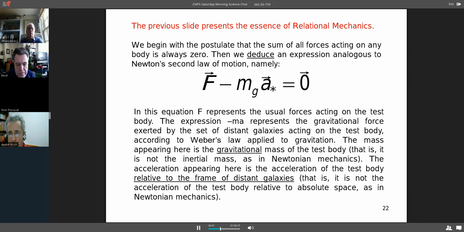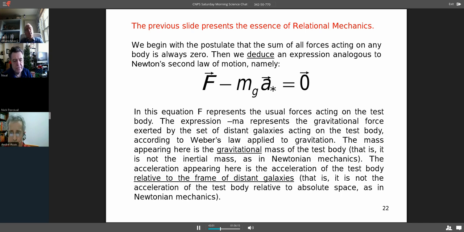We begin with the postulate that the sum of all forces acting on any body is always zero. Then we deduce an expression analogous to Newton's second law of motion. We do not postulate it. That is, we deduce F minus ma equals zero.